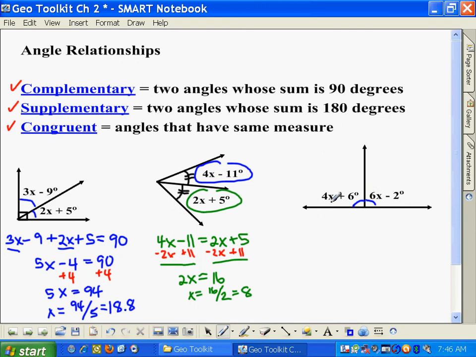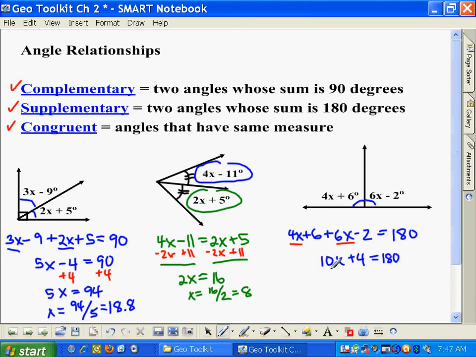So we can say the first angle, which is 4x plus 6, plus the second angle, which is 6x minus 2, must equal 180. So these two angles right here are supplementary. Now we're going to simplify. We get 4x plus 6x, that would be 10x. 6 minus 2 is positive 4, equals 180.